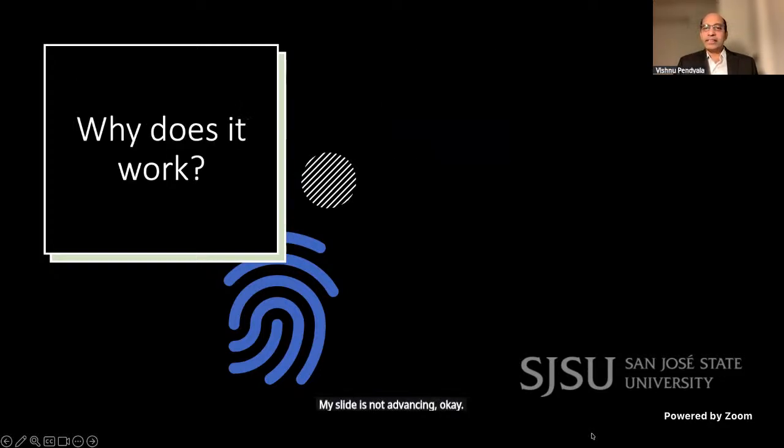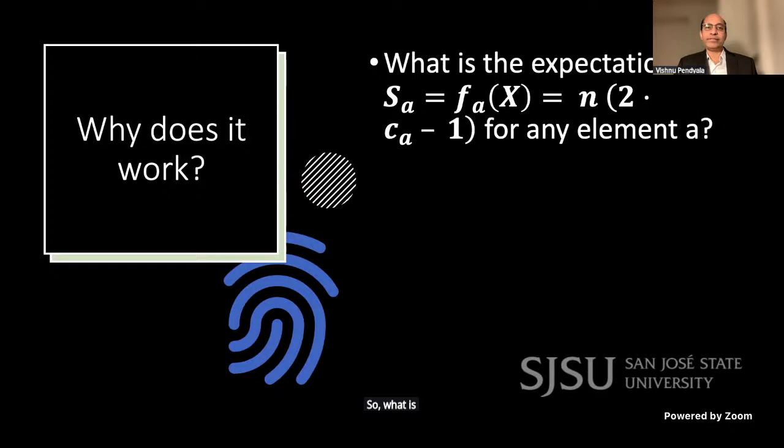Okay. So now that is the intuition. Let us apply it to our problem itself. What is the expectation of this second moment, which is given by n into 2ca minus 1 for any element a? Any guesses?